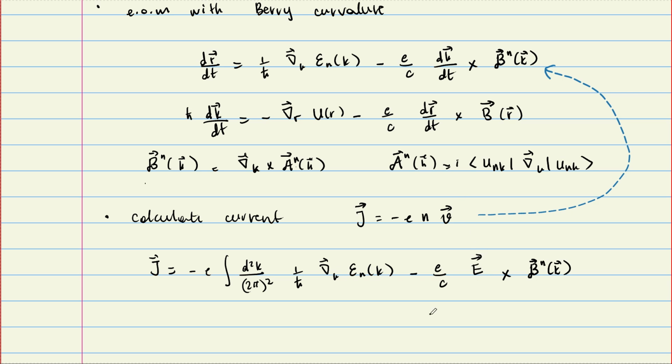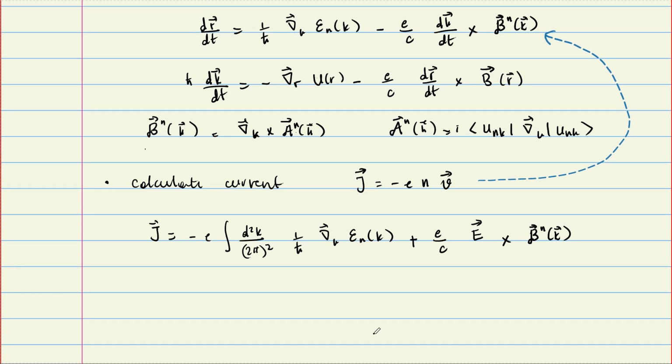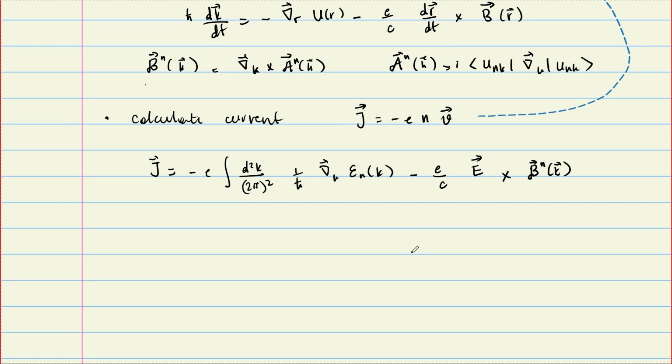This minus gradient is going to be the force, and the force with charge minus e is going to be plus actually. It doesn't matter, I don't care about the overall sign, so let's not worry about that.